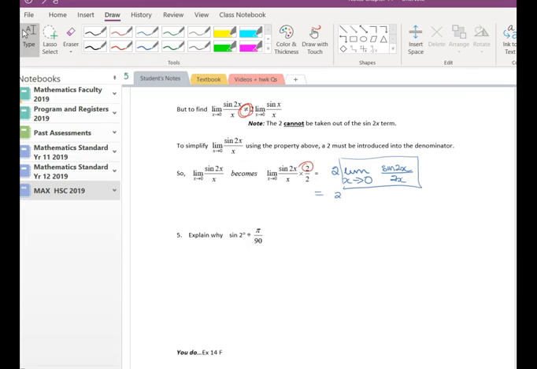I thought this was a bit of a different take on the property. I really liked this question. Explain why the sine of 2 degrees is approximately pi on 90. So 2 degrees we know is small. 2 degrees in radians would be 2 times pi on 180 radians, which is pi on 90.